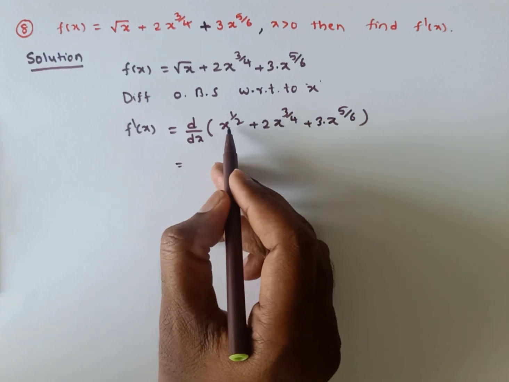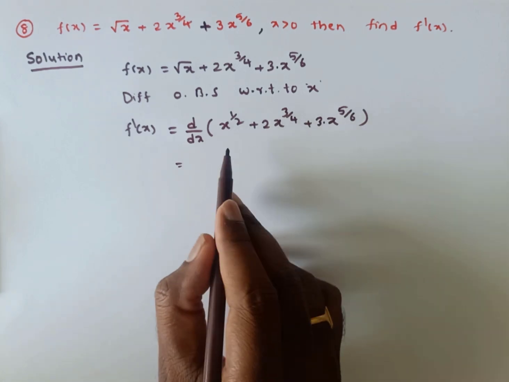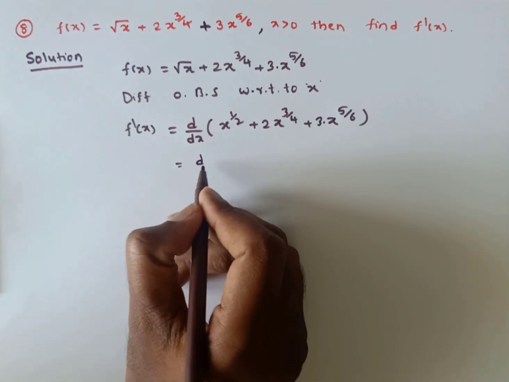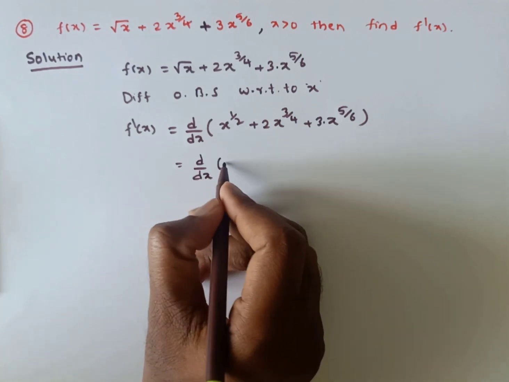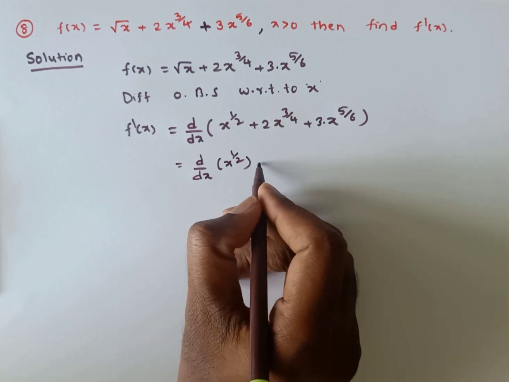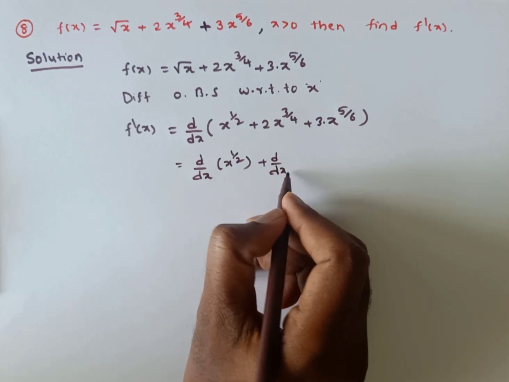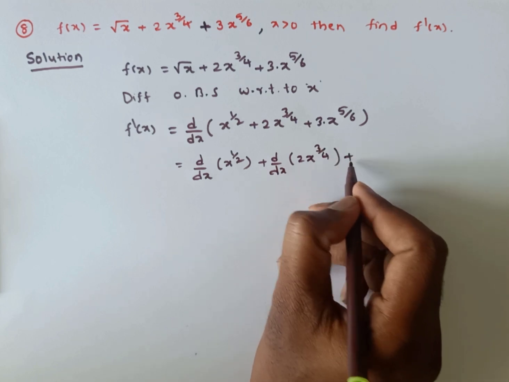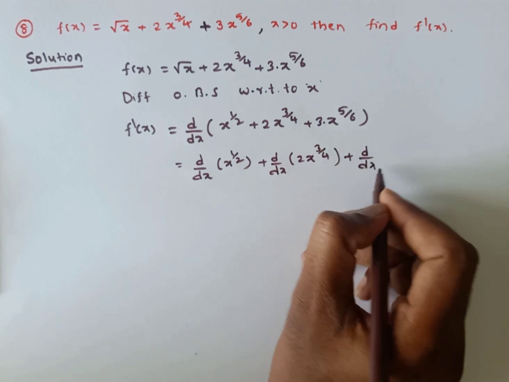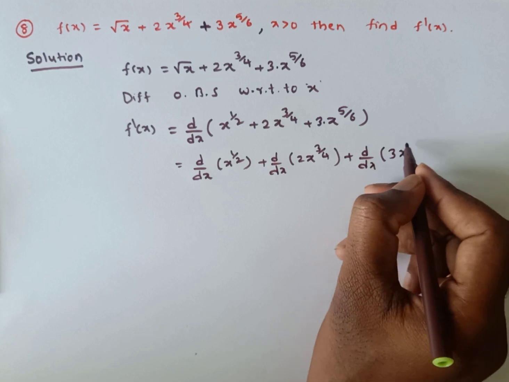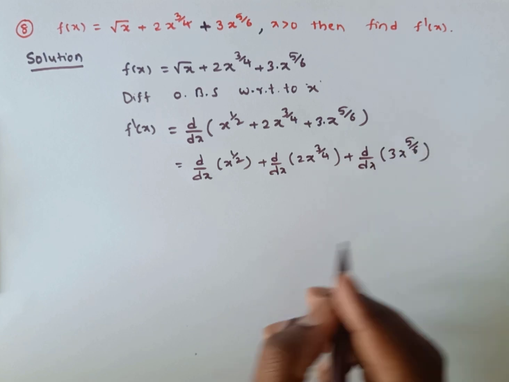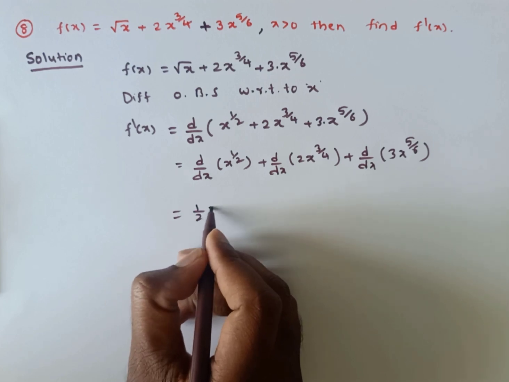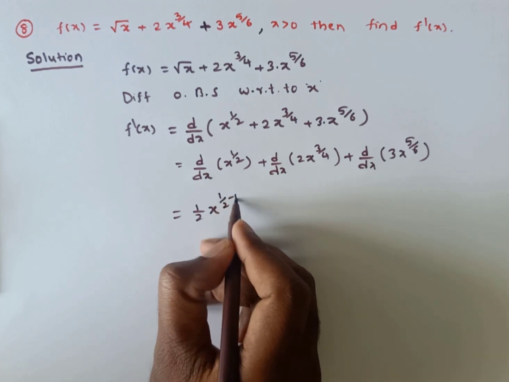Now the derivative of f plus g plus h means you need to apply the derivative for f, g and h individually. That means the derivative of x to the power of 1 by 2 plus the derivative of 2 into x to the power of 3 by 4 plus the derivative of 3 into x to the power of 5 by 6. The derivative of x to the power of n is n into x to the power of n minus 1.